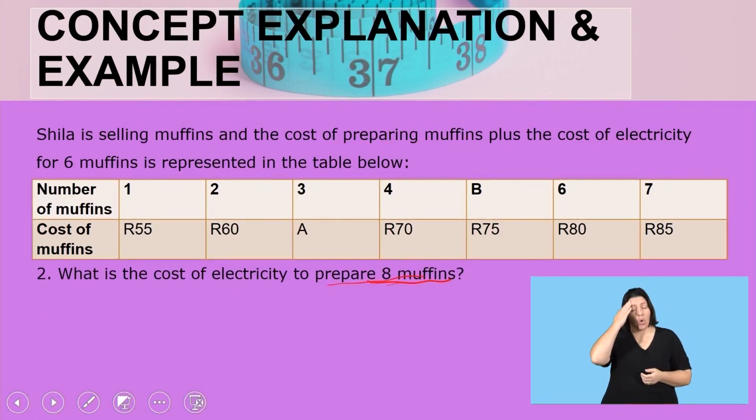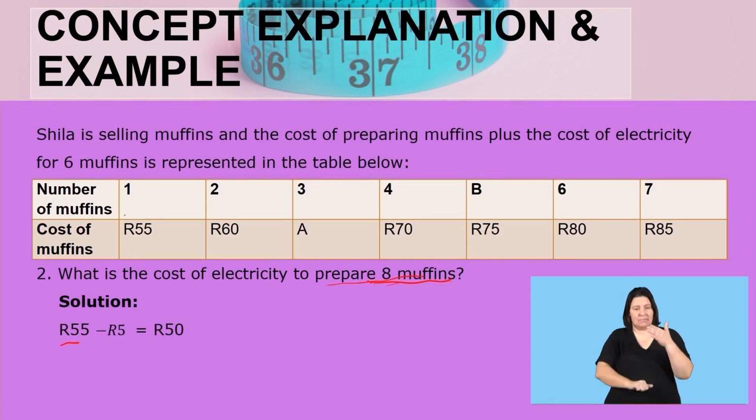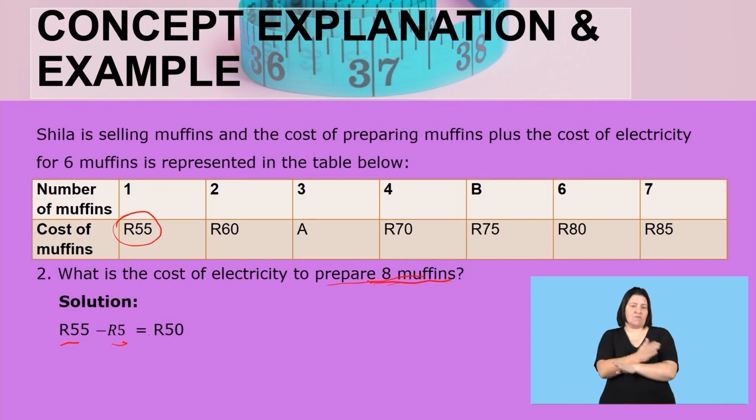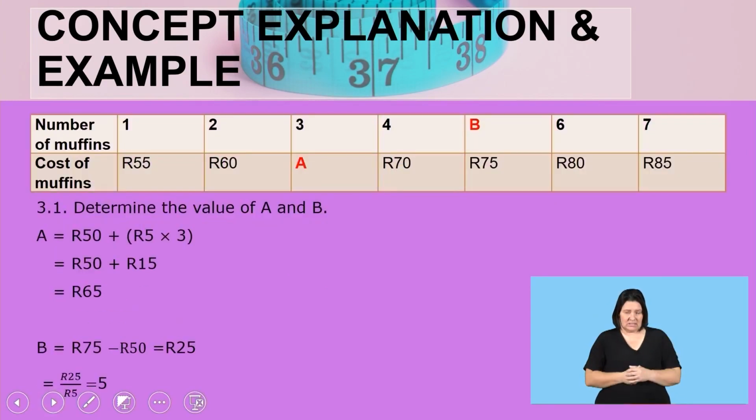Now to find the cost of electricity, we take 55 rand, which is the initial value written under 1 muffin, and we subtract the cost of 1 muffin. The cost of 1 muffin is 5 rand as calculated previously. So 55 rand minus 5 rand is therefore 50 rand. That is the cost of electricity. Let us move to the next question.